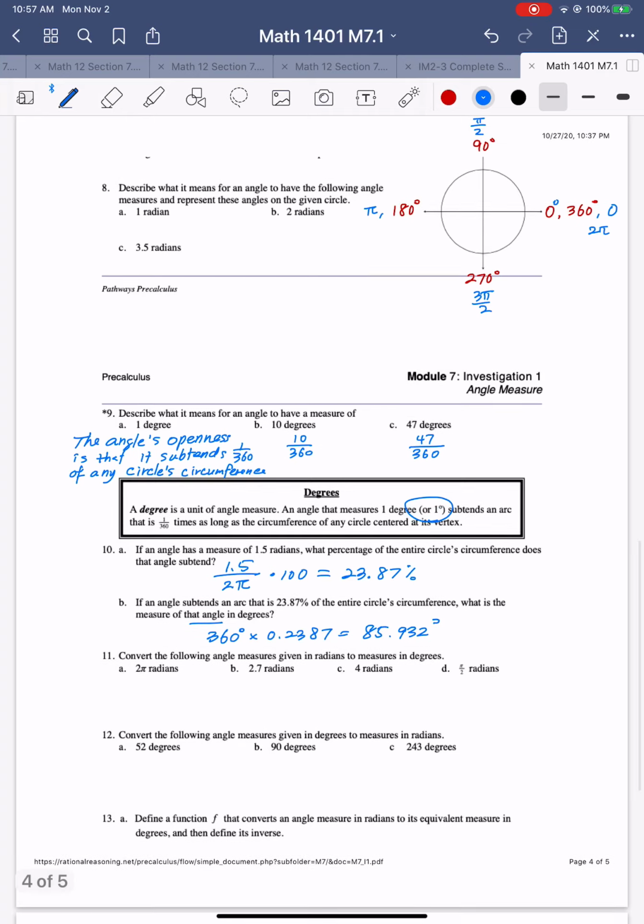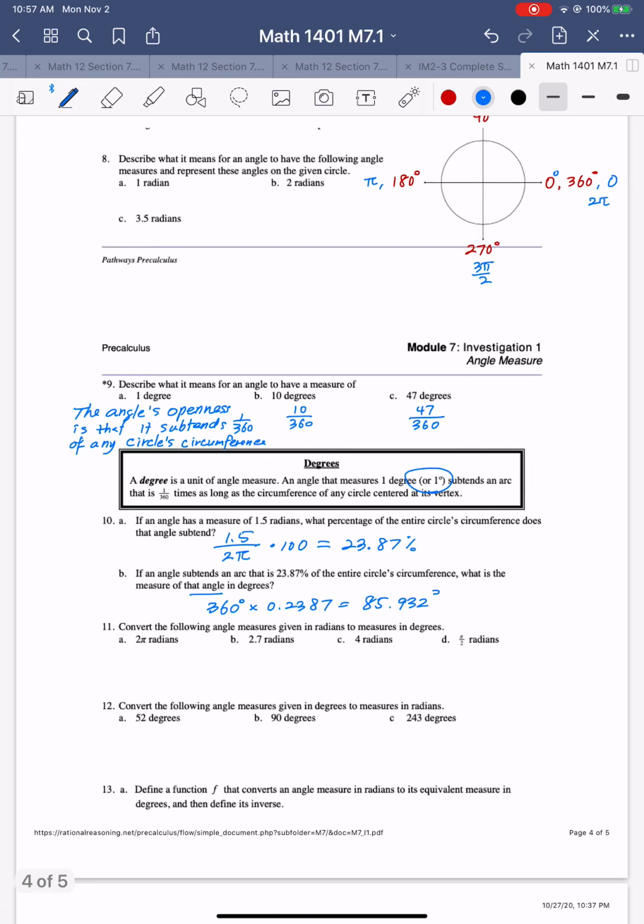Now number 11: convert the following angles in radians to measures in degrees. For 2 pi radians, 2 pi out of 2 pi multiplied by 360 gives 360. What am I saying? We change to degrees, so 360.